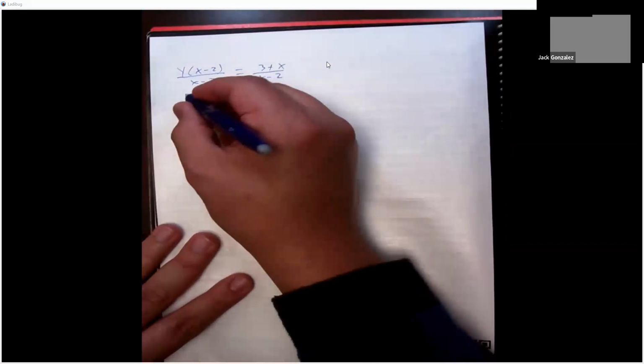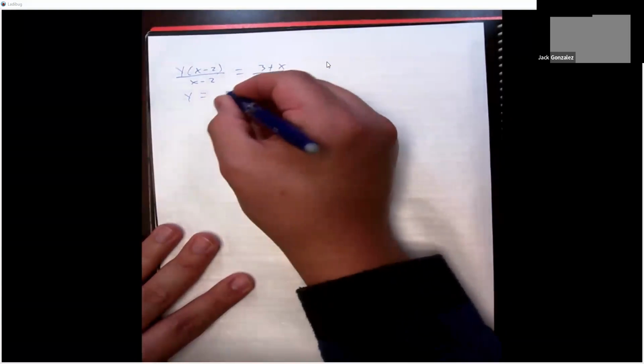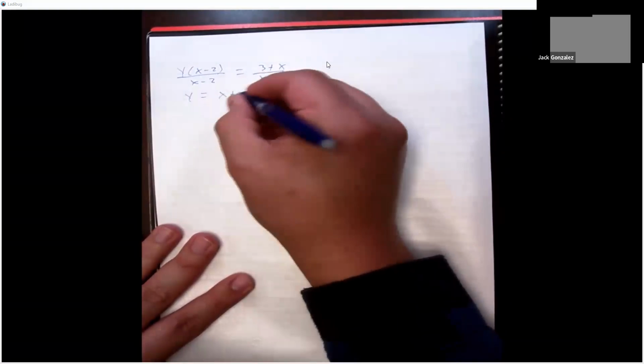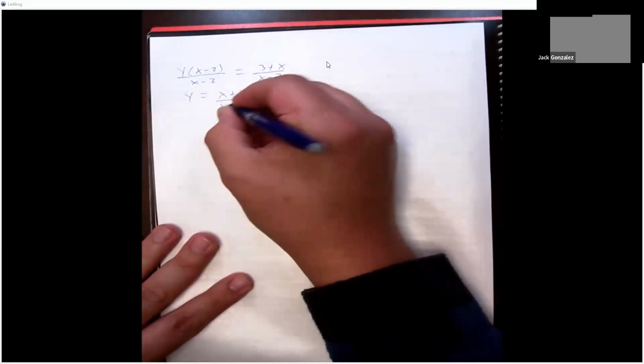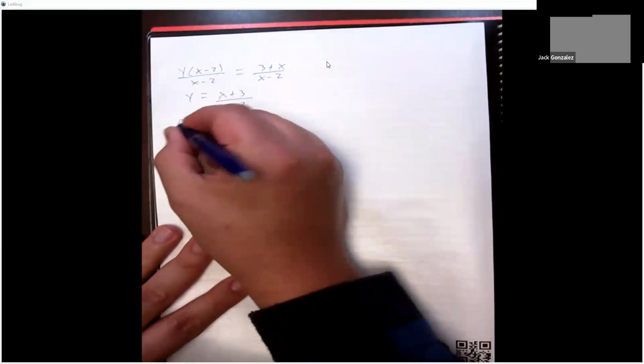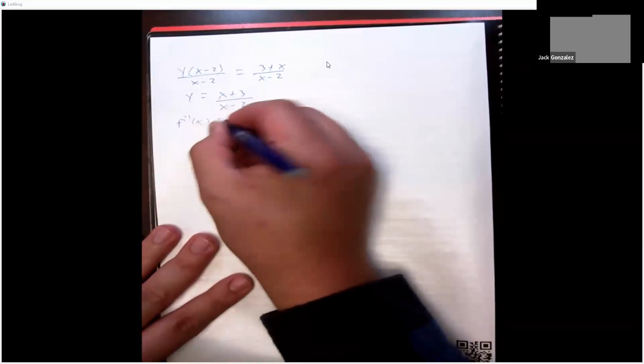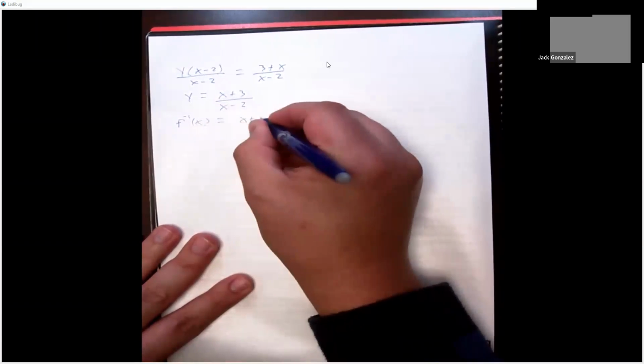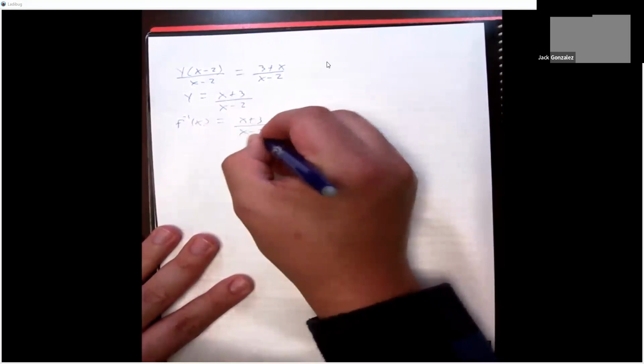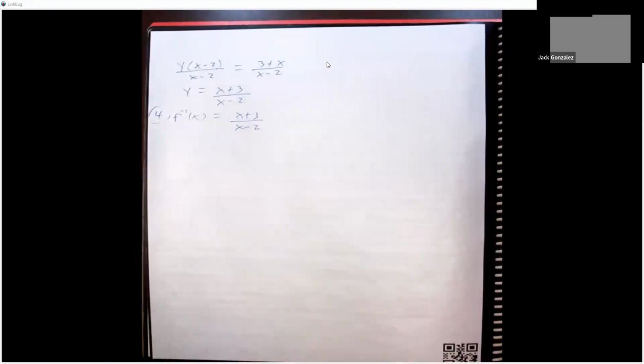Okay, so these cancel, leaving y equal to. If you prefer to write it this way, it's totally fine. So f inverse of x is equal to x plus 3 over x minus 2. So this is 4. I just didn't write the instructions. When you solve for y, you just change it to f inverse. Okay.